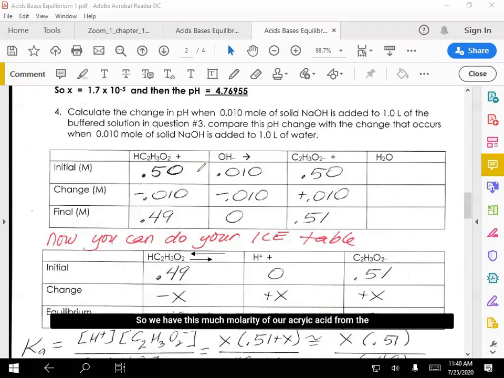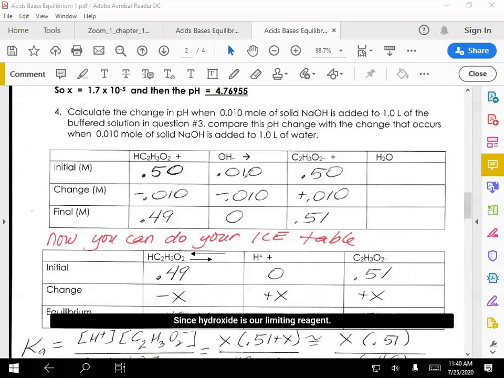We have this much molarity of our acetic acid from the prior problem. This is our molarity of the hydroxide, and remember we had some acetate also. The change in this case is a limiting reagent type problem.